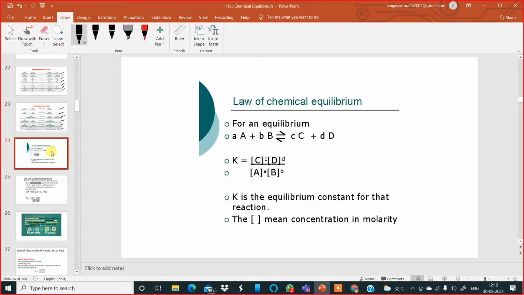Let us take, for example, a system in equilibrium, a reaction aA + bB giving cC + dD. This small a, small b, small c and small d are the stoichiometric coefficients.